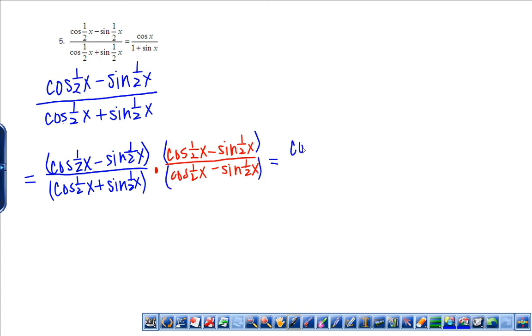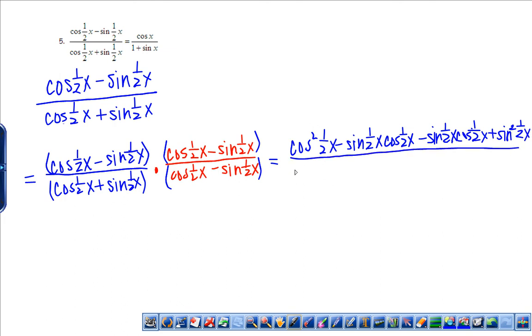Right, so this is going to give me cosine squared of 1/2 x minus, this is going to get kind of nasty here for a minute, sine of 1/2 x cosine of 1/2 x minus sine 1/2 x cosine of 1/2 x, and then plus sine squared 1/2 x.